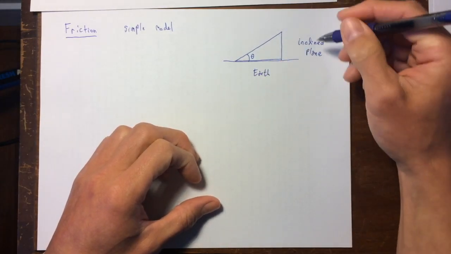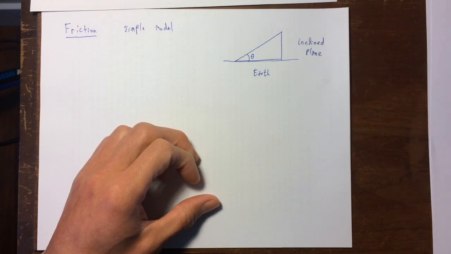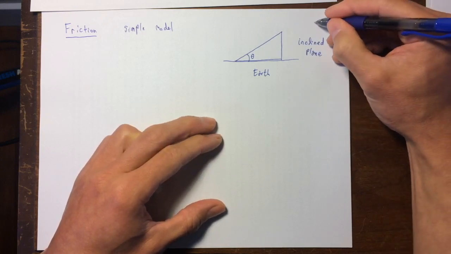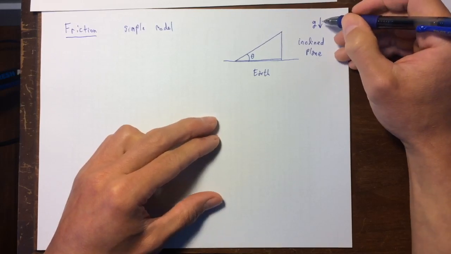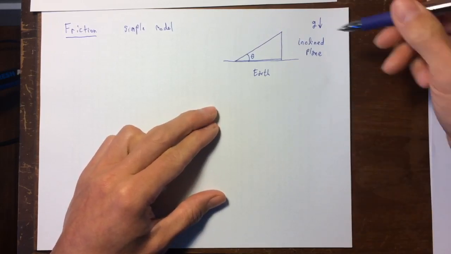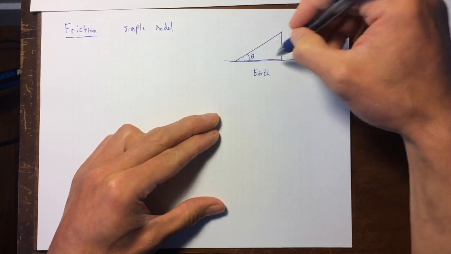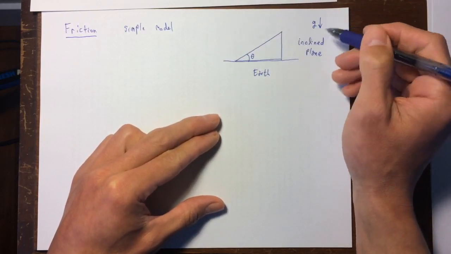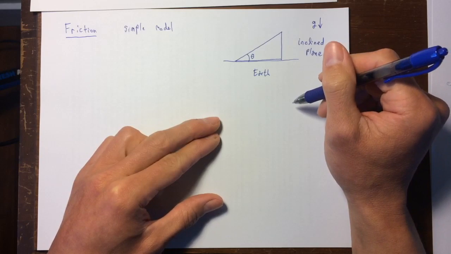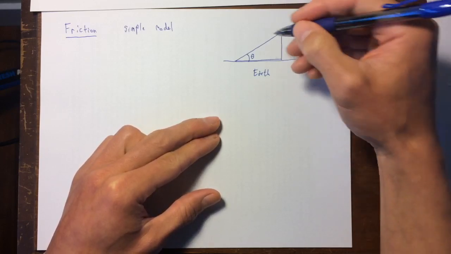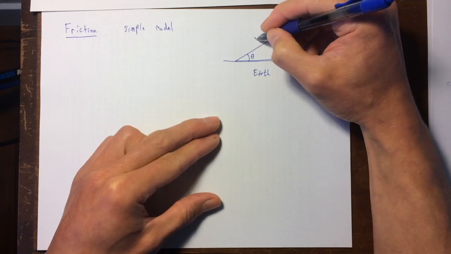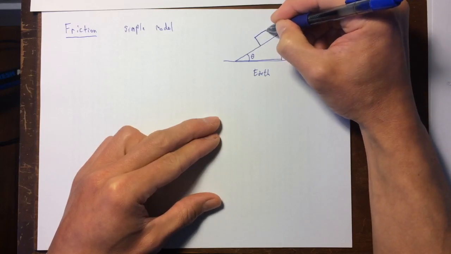So this inclined plane is in the Earth environment, and that means there is an acceleration due to gravity that's downwards at 9.8 meters per second squared. What this means is that objects on the surface of the Earth have this weight force acting on them.